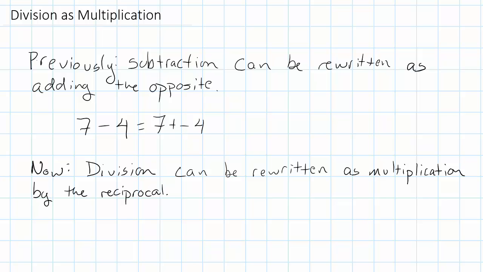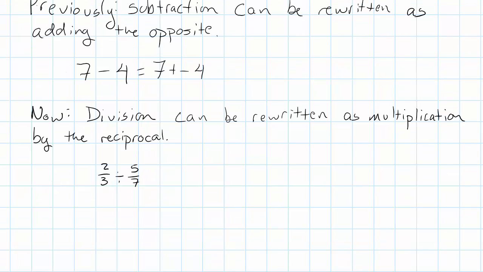And so, in a very similar way to the way we said there's no such thing as subtraction, because it's really just adding the opposite, we will now say that there's no such thing as division, because it's really just multiplying by the reciprocal. Now, we know that this works for fractions.